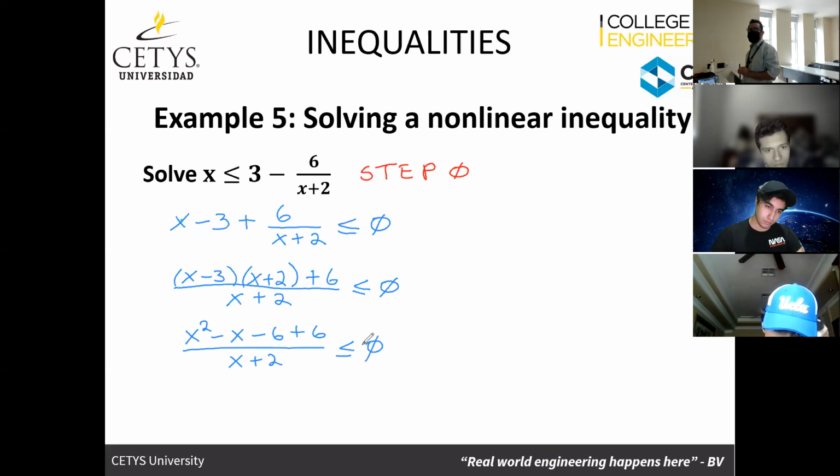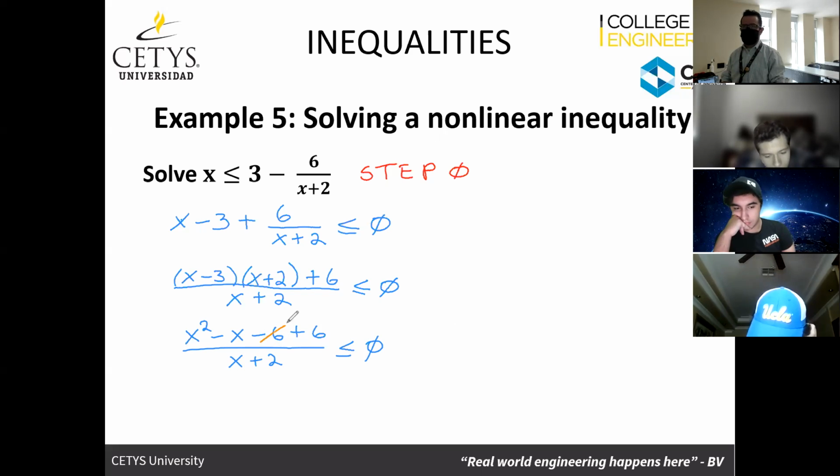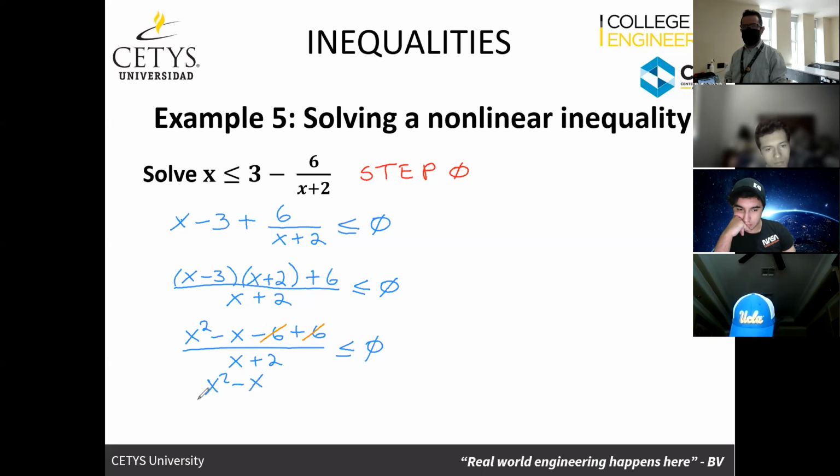And what's happening here is that these two 6s are going to cancel themselves out. And what I'm going to have is x squared minus x divided by x plus 2, less than or equal to 0.